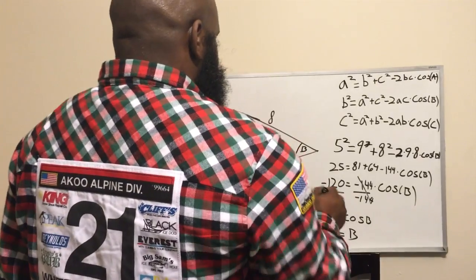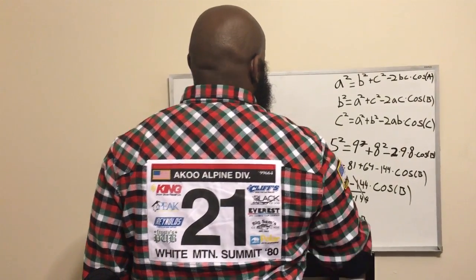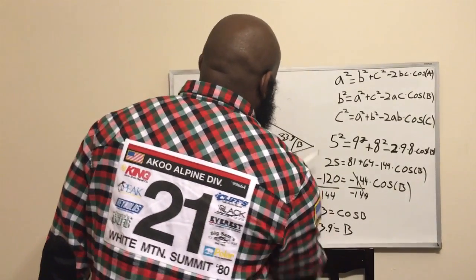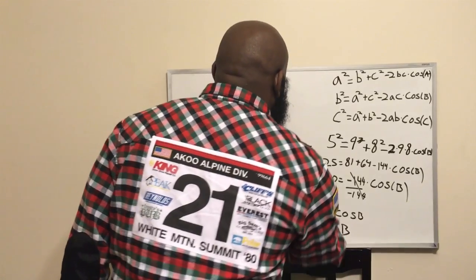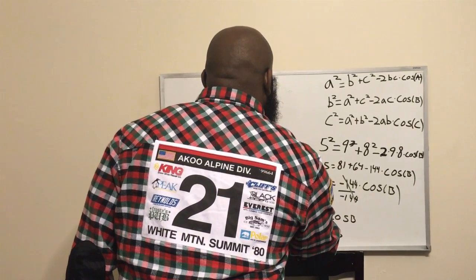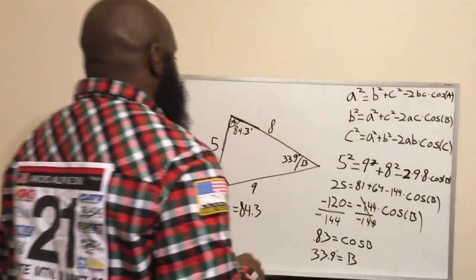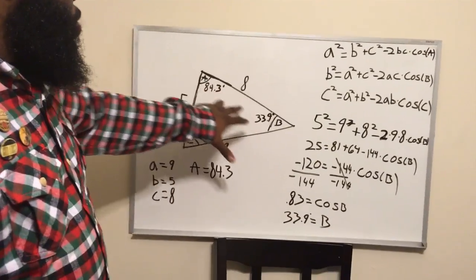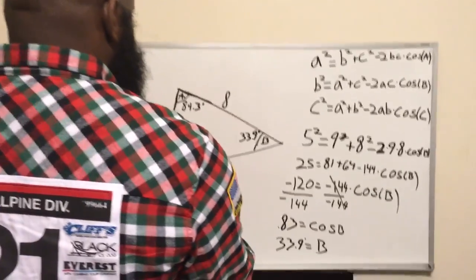So the angle of B is 33.9. We have 2 angles, and that's all we need. So let's find what C is.